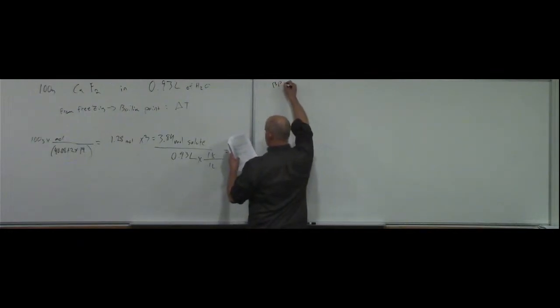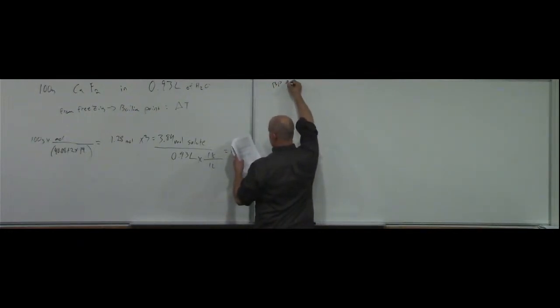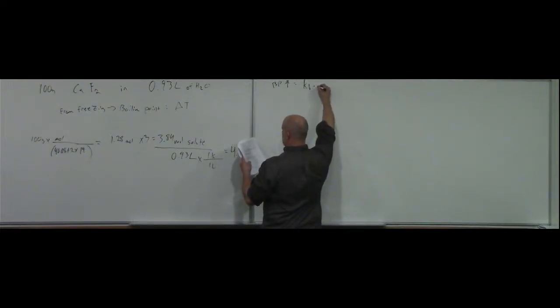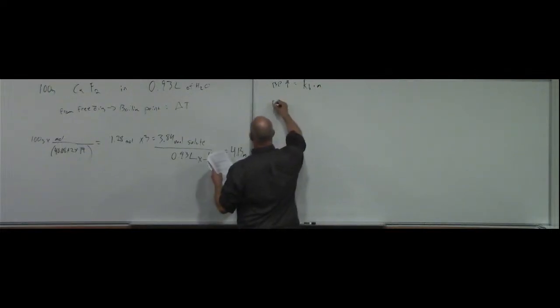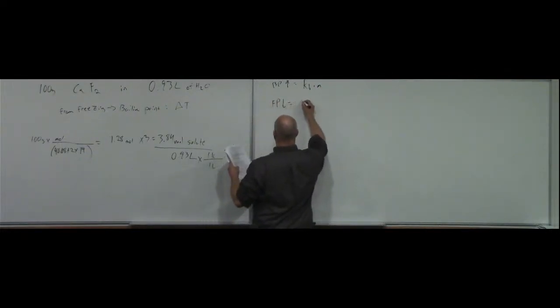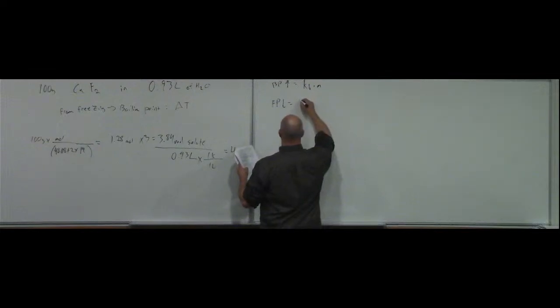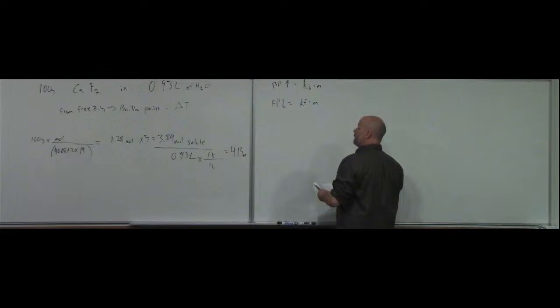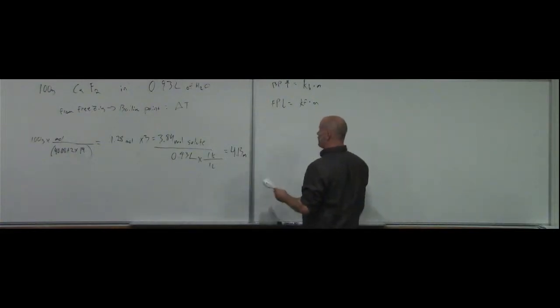Boiling point elevation is KB times m, right? And so my freezing point depression is going to be KF times m. Okay. So we can deal with our freezing point first.